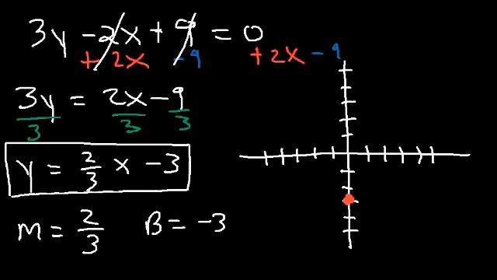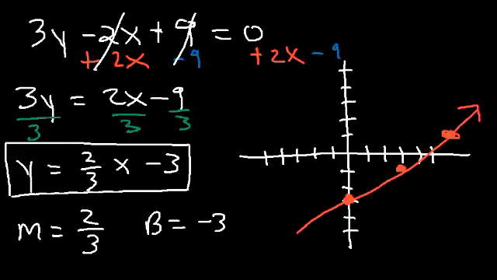So we need to rise 2 units and then travel 3 units to the right. So we should be at the point (3, -1). And let's go up 2 over 3 again. So that should take us to (6, 1), which is somewhere around here. And we have enough points to make a straight line.